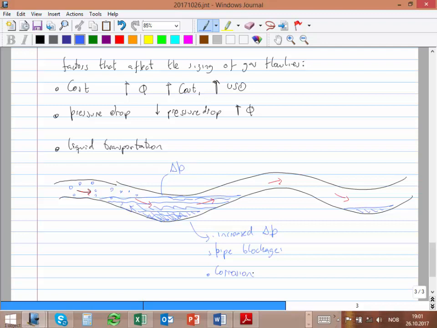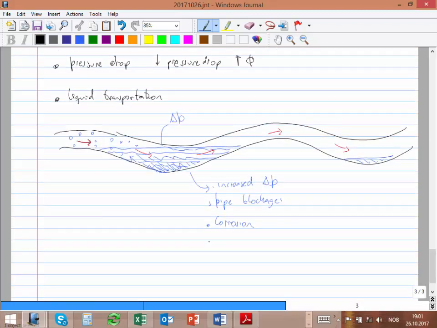You have water accumulation, and with water comes corrosion, and you might have some problem with the integrity of the pipe. And you can also have, something we're going to talk about in a while, hydrates. We will see now what hydrates are, and it's a very critical issue.